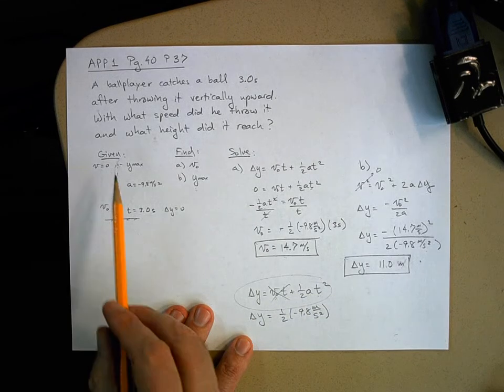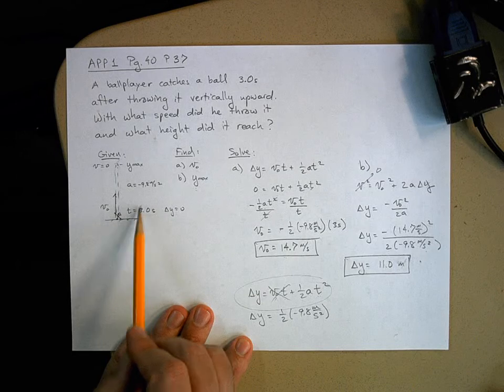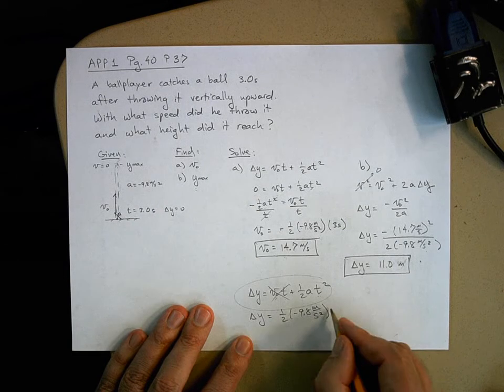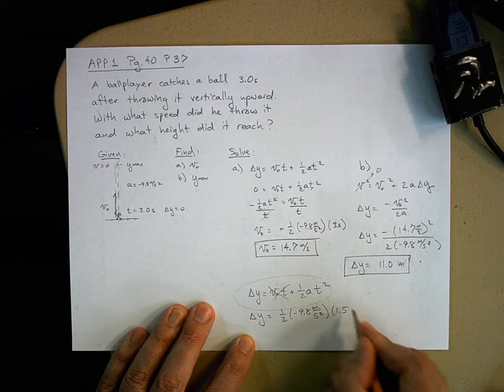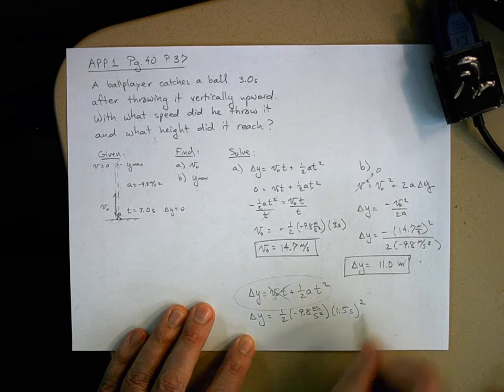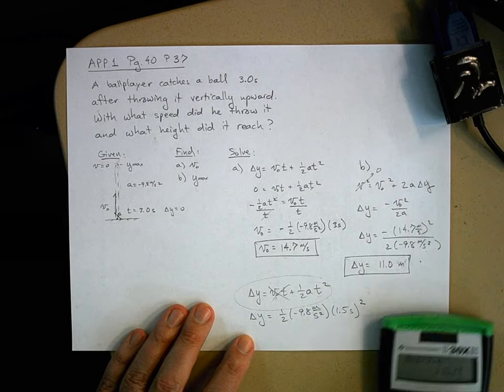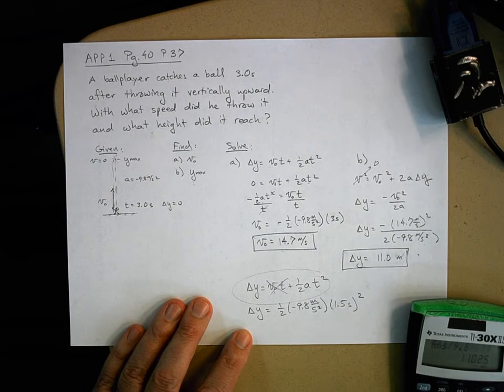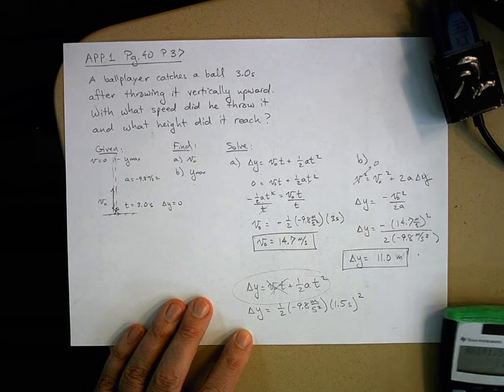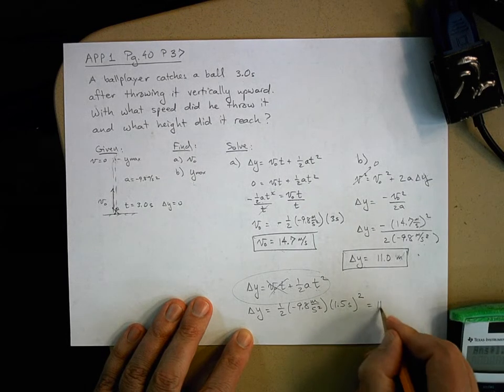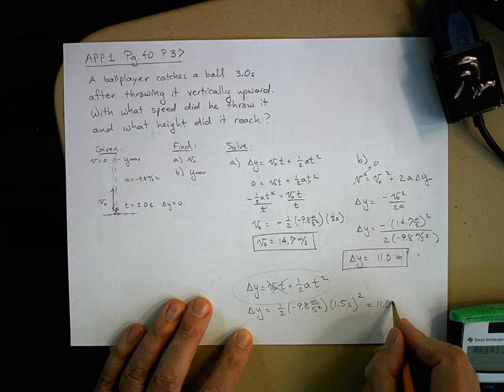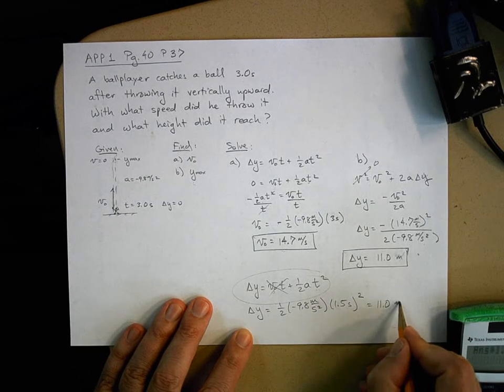But what is the time from here to here? Well, it's 3 seconds divided by 2. It's 1.5 seconds. So let's see what we get when we do that. So 0.5 times 9.8 times 1.5 squared. And we get the same answer. Now, of course, this is going to be negative, isn't it?